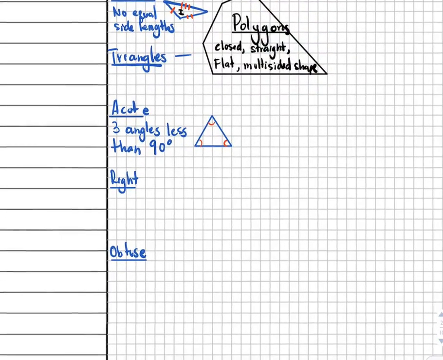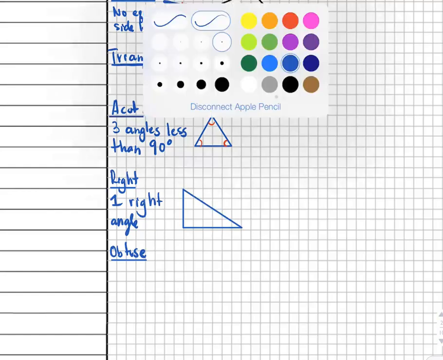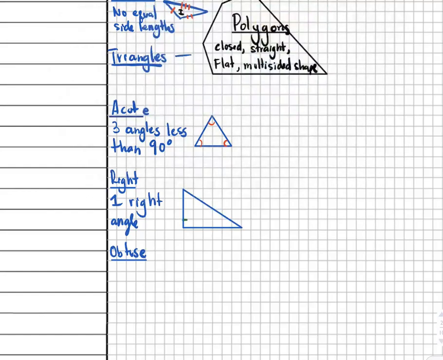Okay, a right triangle is a triangle with one right angle. One right angle. Okay. Let's scoot this down a little bit. One right angle, and I'm going to draw a right triangle. There we go. And I'm going to define my right angle with a square.